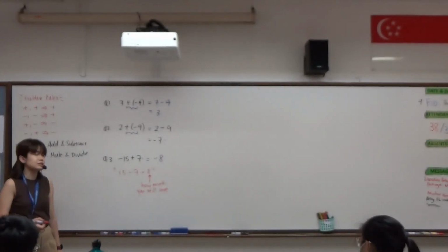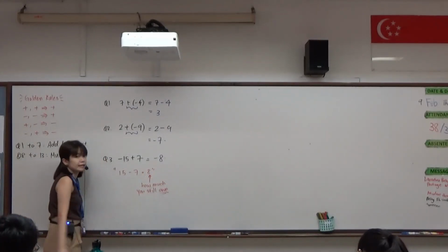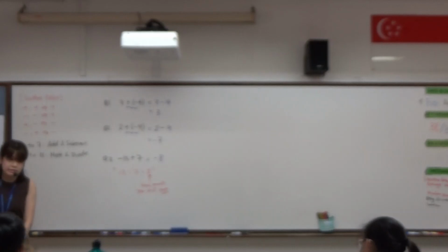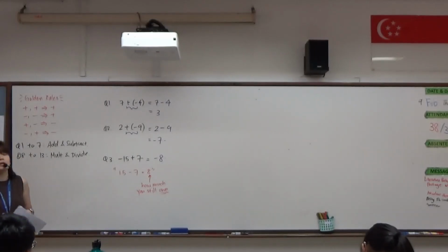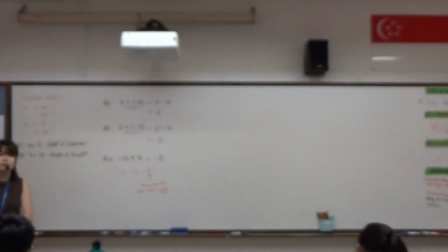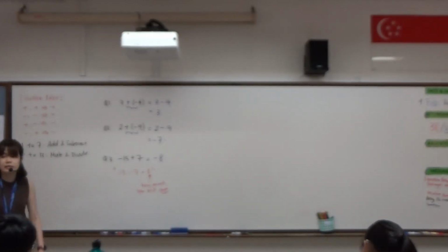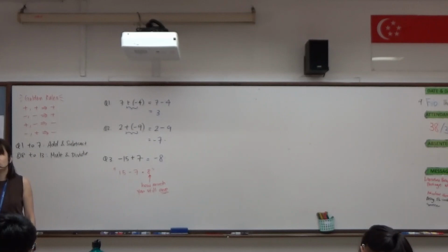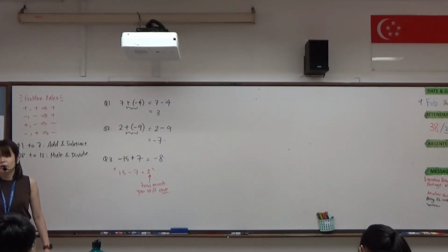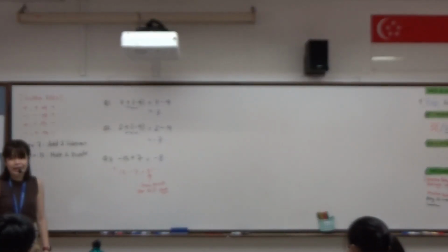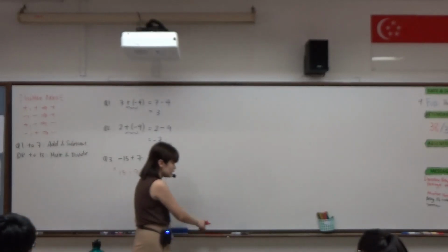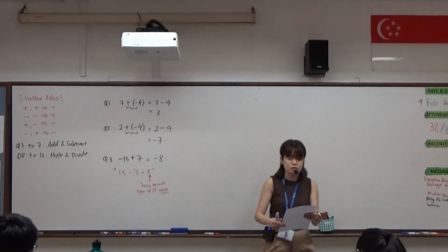But because it is owing, that's why we get negative 8. But of course, in the exam, you could use your calculator to help you out with this. I'm just really testing the rules that you know over here. That's why I didn't allow you to use your calculator at all. In your test, you can depend on your calculator, you don't need to depend on your mental sums.